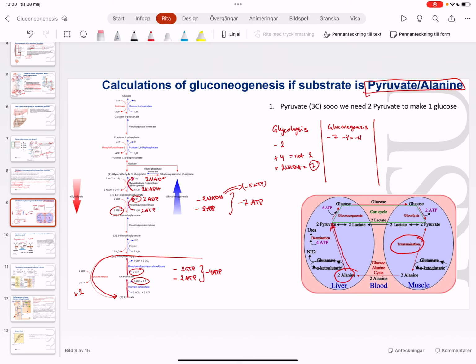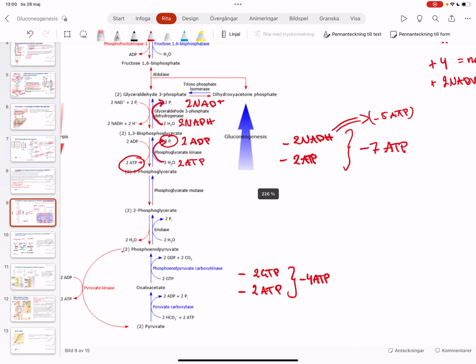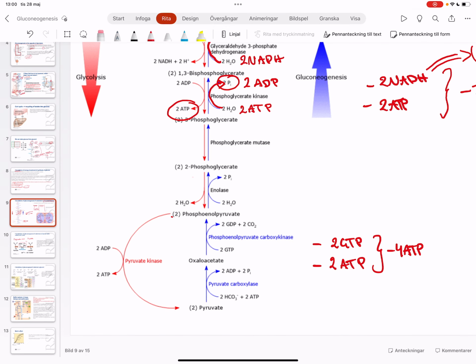So for us to do these calculations, when we go from pyruvate to oxaloacetate, we will use 2 ATP, and that's in the case of 2 pyruvate. 2 pyruvate equals 1 glucose.